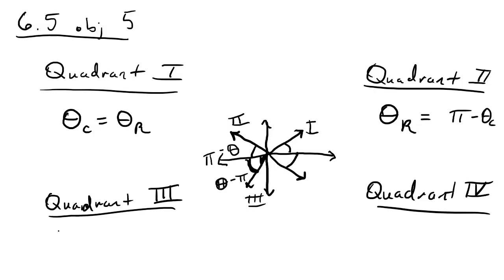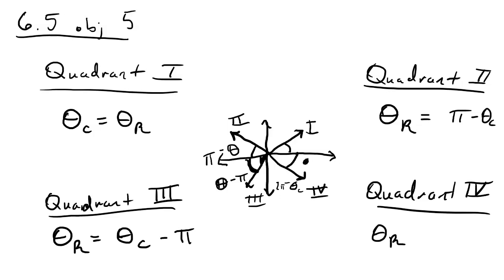Sorry about that. Theta r is going to be equal to our non-negative coterminal angle minus pi. And then in quadrant 4, we're going to have 2 pi minus theta c, because that's what's left of our rotation for 2 pi. So theta r is equal to 2 pi minus theta c.